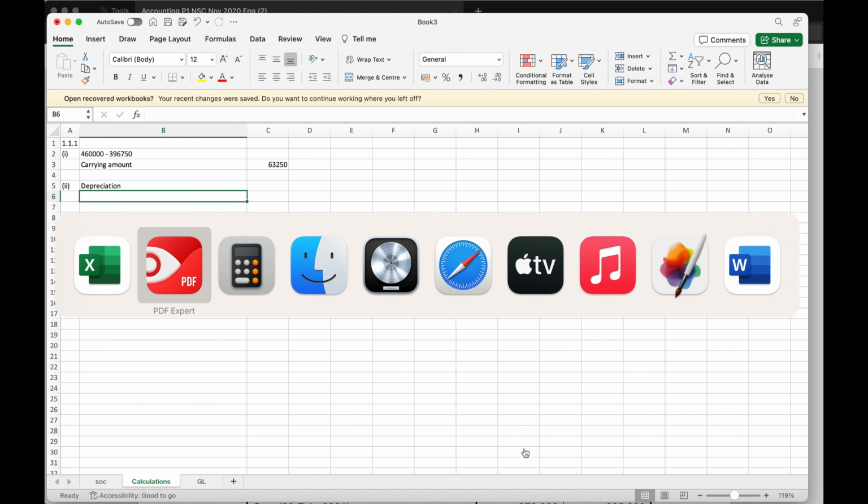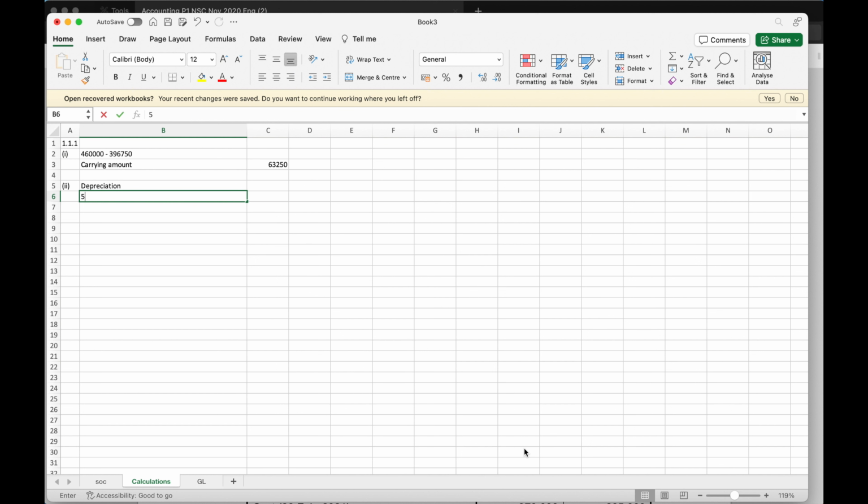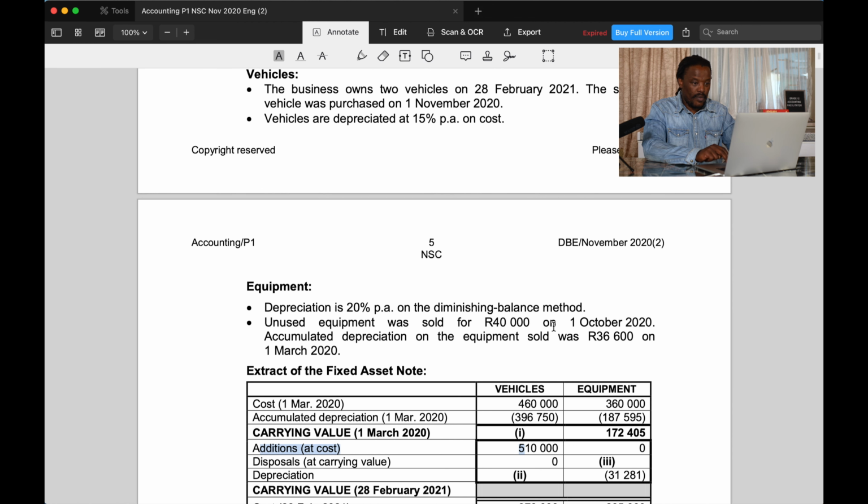We have this addition, 510,000 multiplied by 15%, multiplied by, it was purchased when? On 1 November, December, January, February.